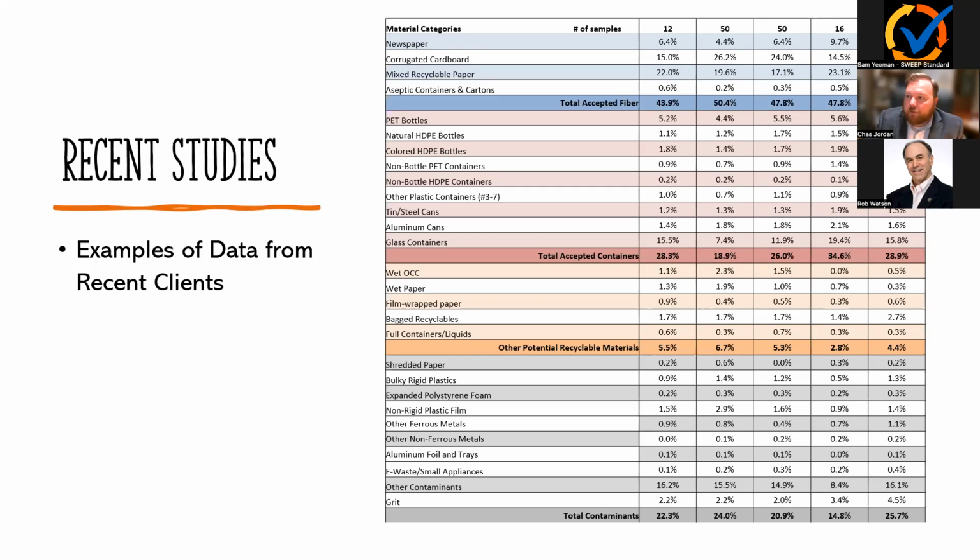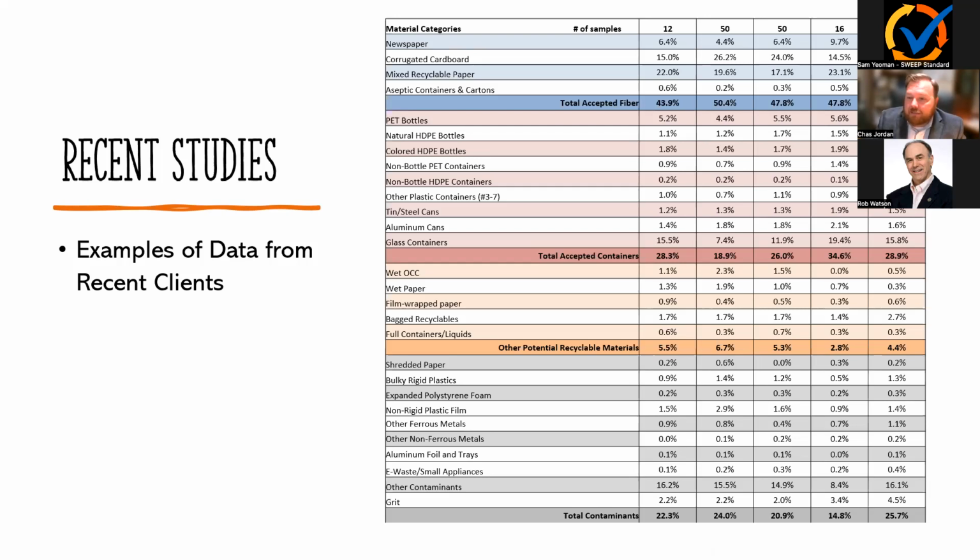Most of them have a close percentage in fiber, containers, materials, and contaminants, but they aren't exactly alike. And that's really the important part here, is that they can change based upon a number of different factors. While we agree there are definitely similarities here, we go back to that mantra of all waste is local, and why characterization studies are vital to effectively managing your program.